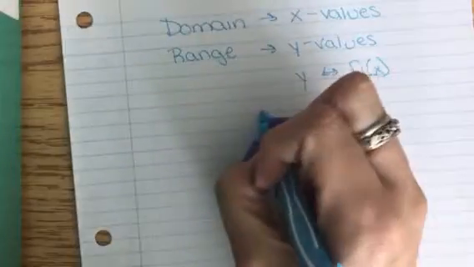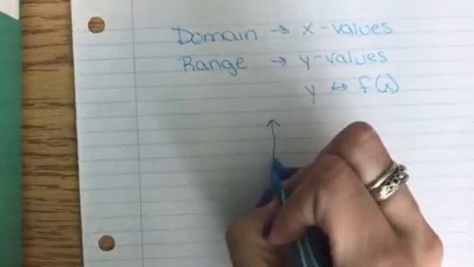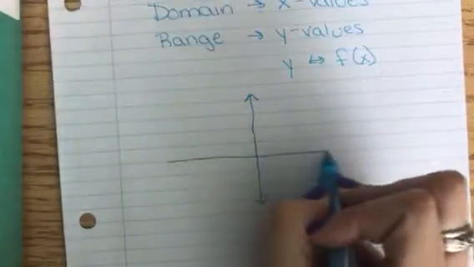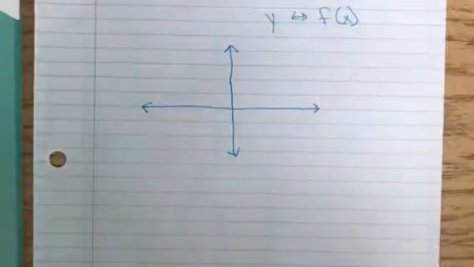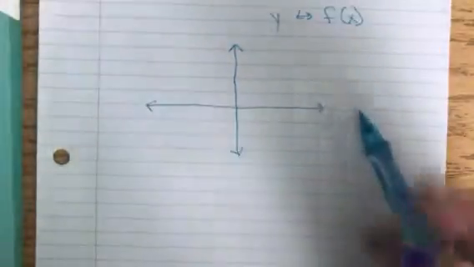We should also recognize some things on the coordinate plane. So if we were given a coordinate plane, we should recognize some things like that this is our x and that this is our y.